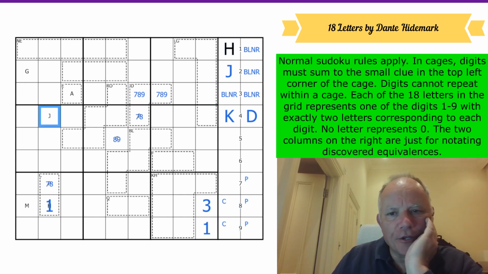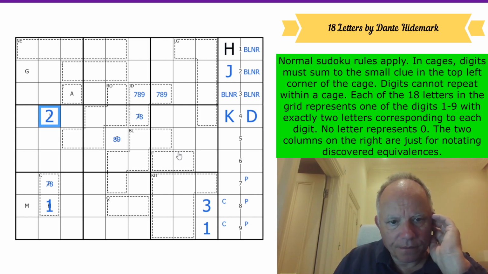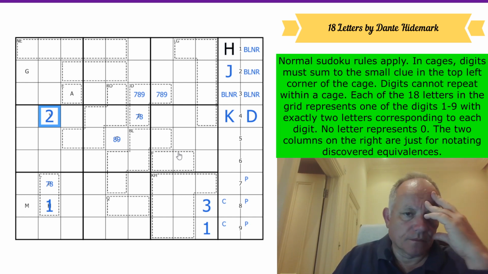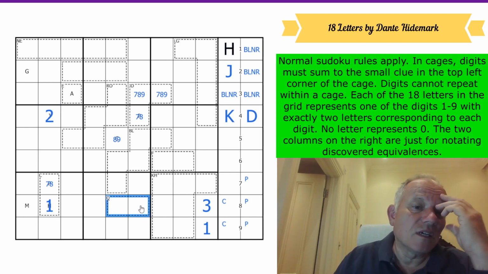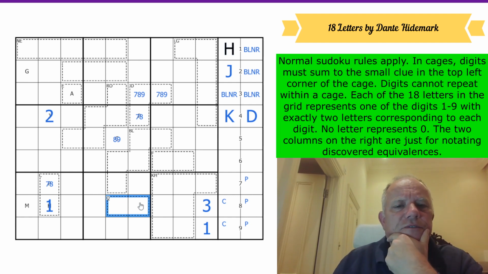Interesting. Oh, J is 2 now, so we can just fill in a 2 there. And now we're stuck again. This pair that makes Q can't be more than 2, 7, making 9. That's not very interesting.